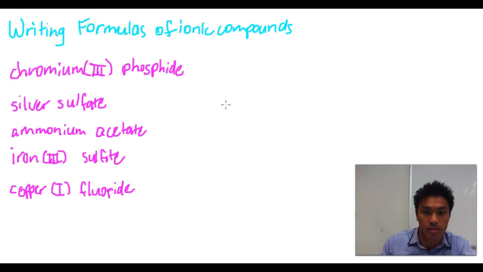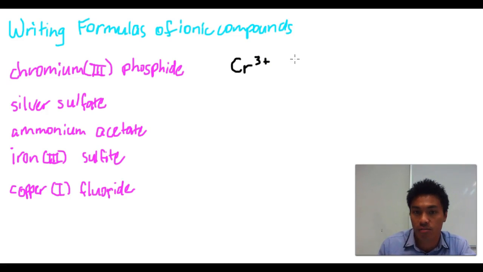So in this instance, we have chromium III, so we know that chromium is 3+. If you want to do this the slightly longer way, first get its symbol, and you can write a little charge here: chromium 3+, because of that Roman numeral. Now phosphide, so phosphorus by itself is going to be 3 negative, and it's phosphide, not phosphate.